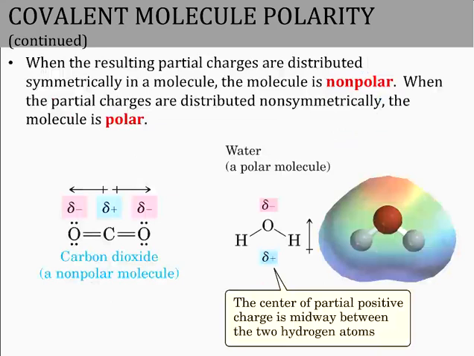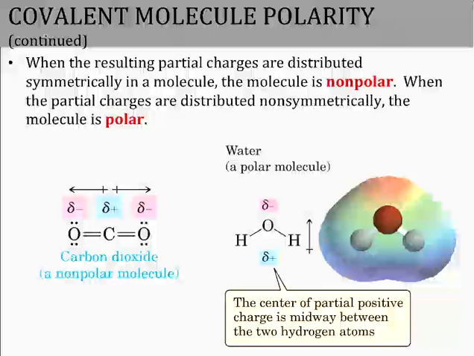So we've already drawn the Lewis structure of carbon dioxide a couple of times, and we know that carbon is in the middle, and then it has a double bond with an oxygen on the left and a double bond with an oxygen on the right. Now, if we go back to our electronegativity chart, we can look up the electronegativity values of carbon and oxygen.